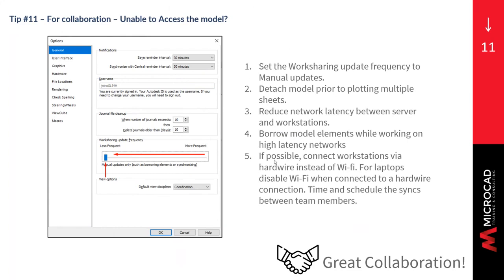For some laptops, you have to make sure to disable your Wi-Fi before connecting to the hardwire. Otherwise, it's going to jump between connections, and this is going to save you some time, especially if you're working on BIM 360 or you're work sharing with multiple people. So this is going to help you. And you can as well talk to your teammates and schedule the sync between you and your teammates.